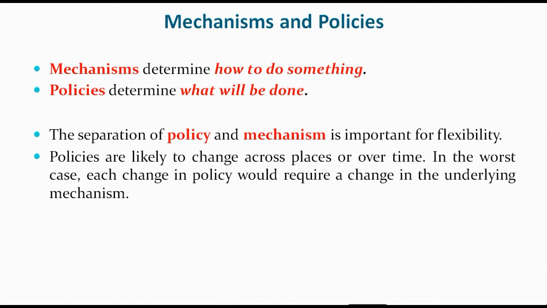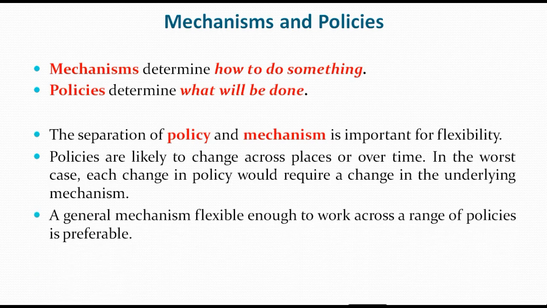A general mechanism insensitive to changes in policy would be more desirable. A change in policy would then require redefinition of only certain parameters of the system. Therefore, a general mechanism flexible enough to work across a range of policies is preferable.